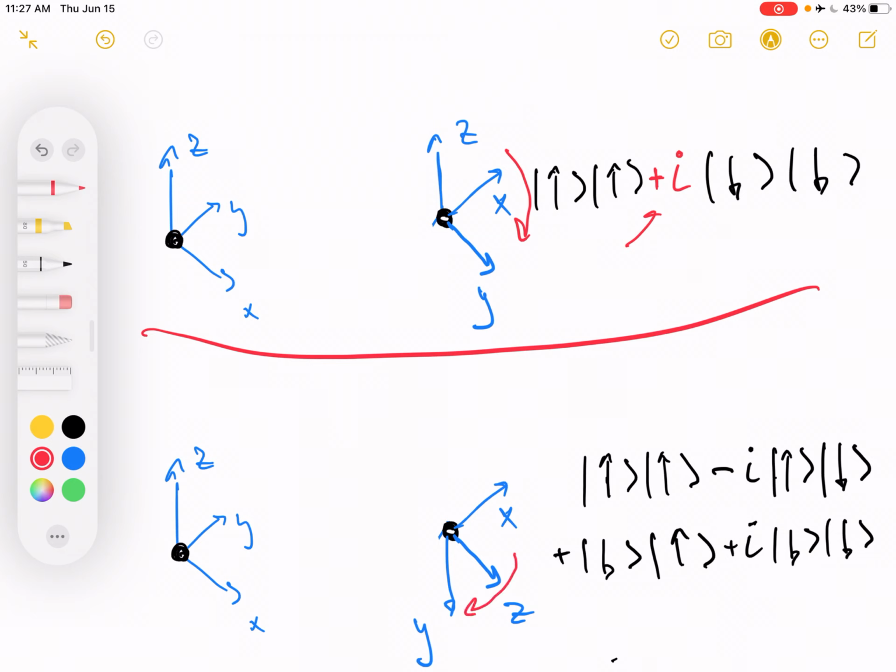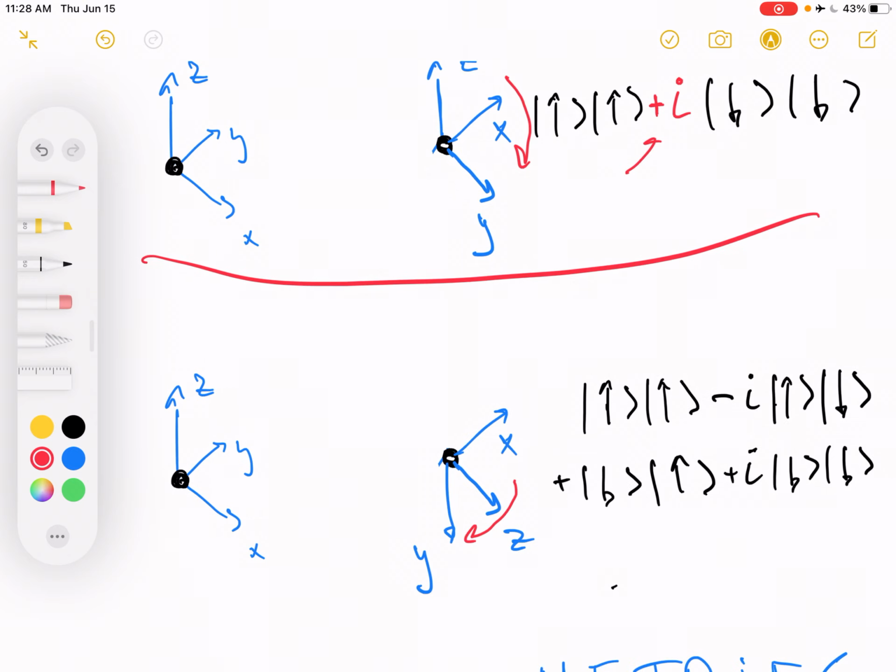I don't know whether it's seen very nicely in my picture, but it's a rotation in the zy plane. In conventional language, it would be a rotation around the x-axis, but I use the zy plane. And then we obtain other states, and basically all of the maximally entangled states we can obtain in this way. All of them have their own representation here.